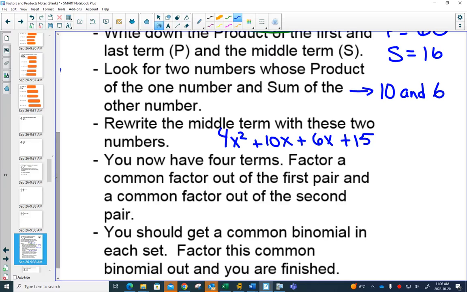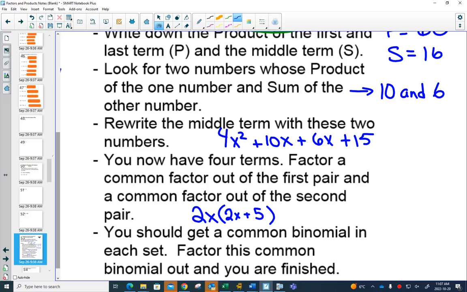If you look at them in pairs, the first 2, do they have a common factor? Yes. What is it? 2. Well, 2 for sure. Do they have anything else in common? X. An X. So in the first 2, you have a 2x that you could pull out. If I pull out a 2x out of this one, I'd be left with 2x plus 5.